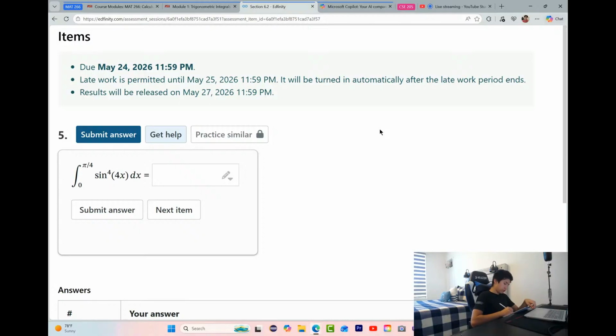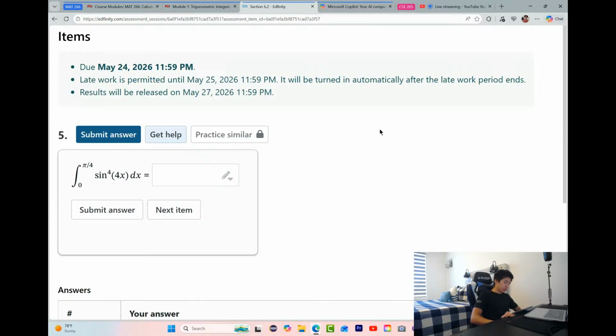The integral from 0 to pi over 4 of sine to the 4th of 4x dx is going to equal, we can probably split into 2. Or in fact, maybe we could use u substitution. I think there are 2 ways that we can do this question.